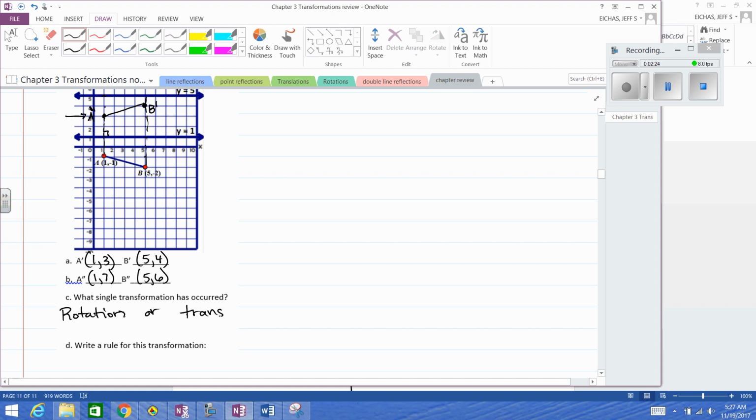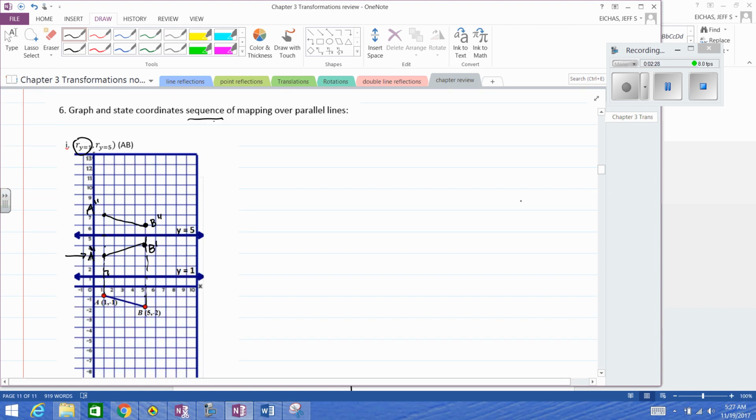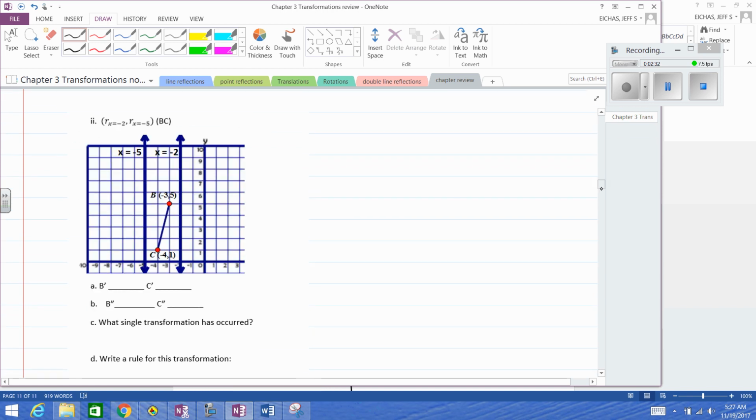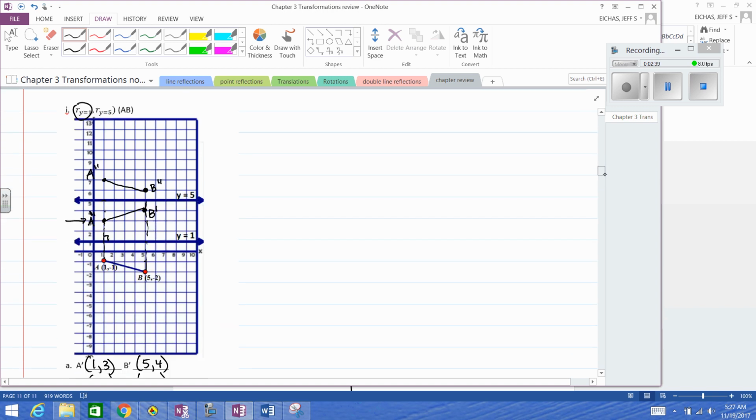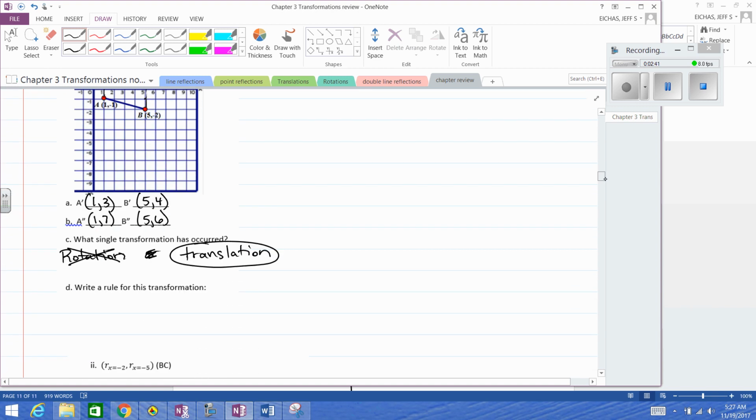In this case, to me, it looks like this was a translation. It just slid up. So we'll get rid of rotation. It's definitely going to be translation. You can see it just slid in the up direction.